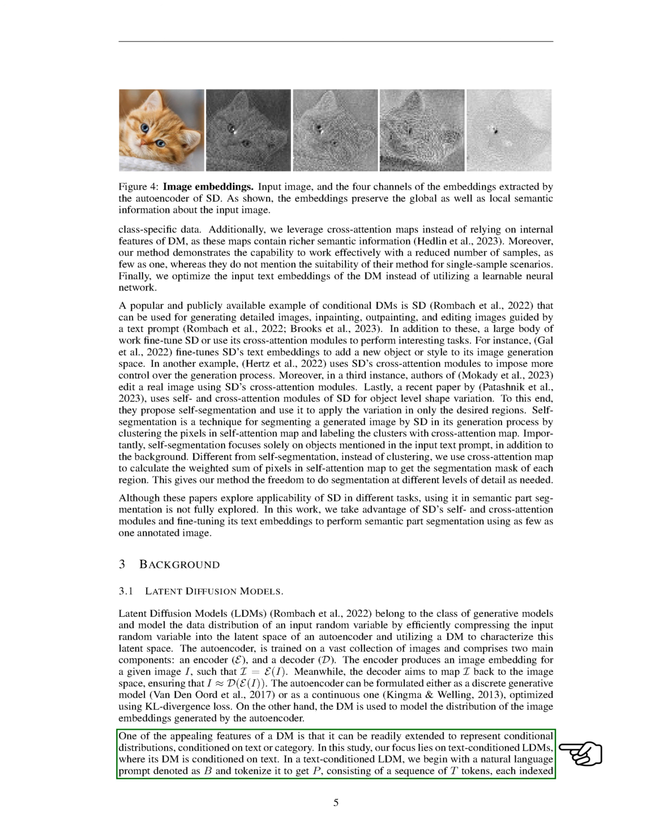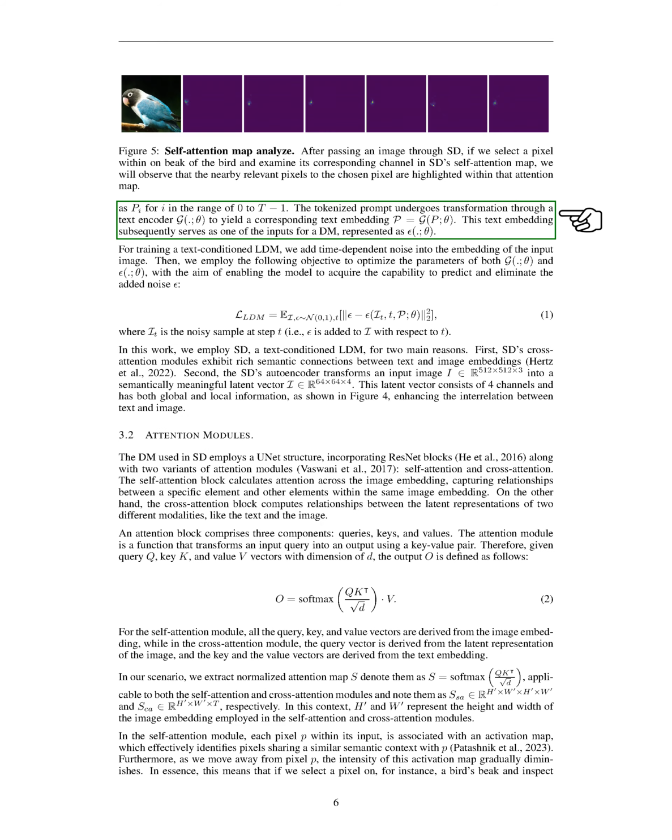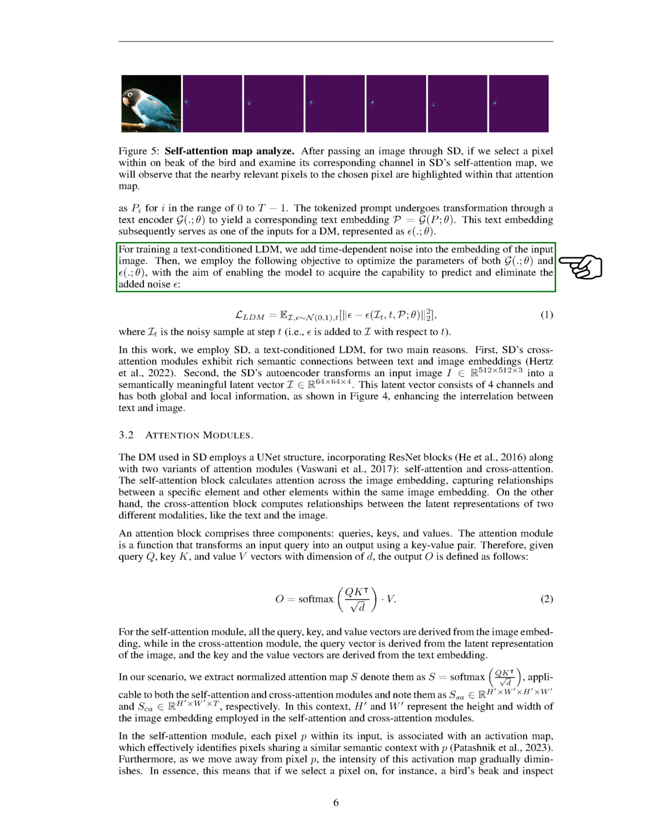In a text-conditioned LDM, we start with a natural language prompt, which we then break down into individual tokens. These tokens are then transformed into a text embedding using a text encoder. This text embedding is then used as one of the inputs for the DM. To train a text-conditioned LDM, we add noise that changes over time to the image embedding, and then adjust the parameters of the text encoder and the DM to enable the model to predict and remove this noise.